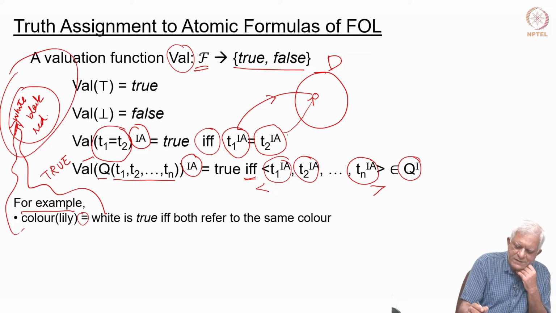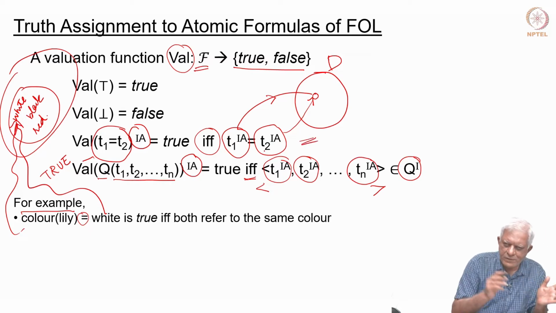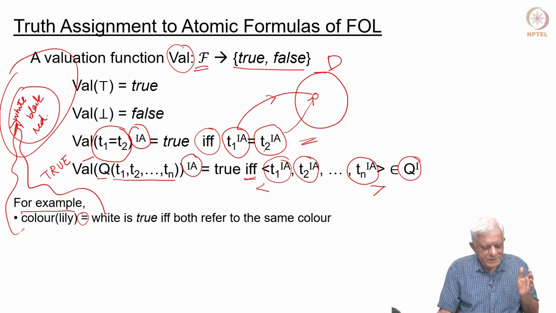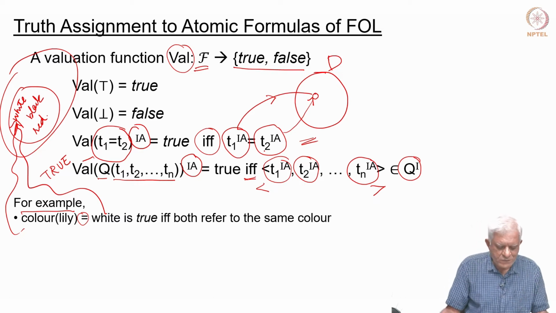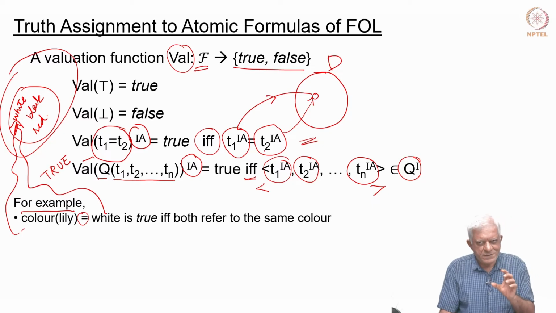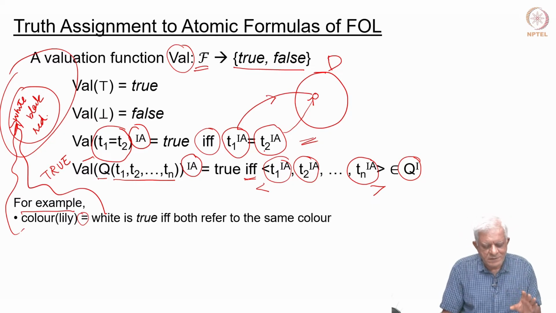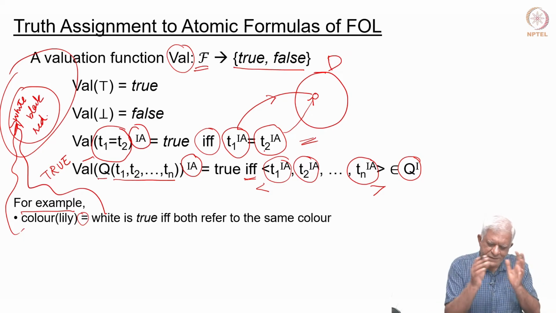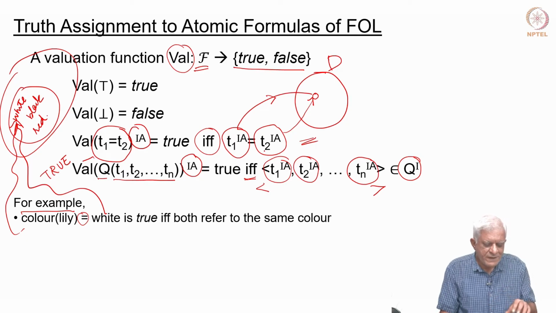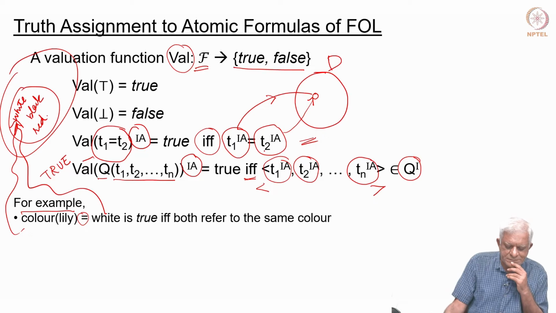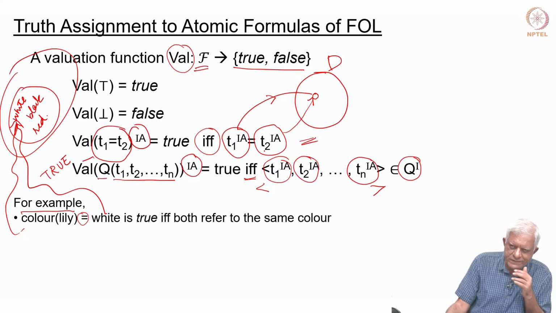So, if that is the case, just like we said here, if they both map to the same element in the domain, then we say that the formula is true. So, color lily is a color, which means in the domain it must be some color. White is also a color, which means in the subset of colors, it must be a color, and this formula will be true if both of them map to the same color, which of course, as far as we are concerned, is going to be white.